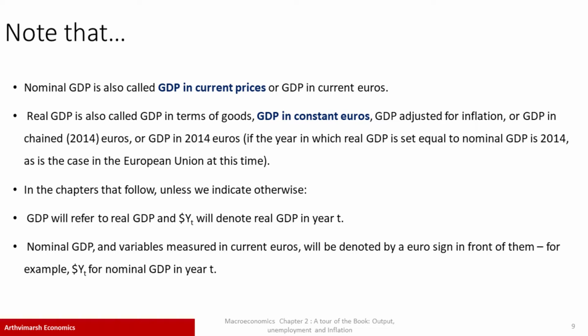Nominal GDP and variables measured in current prices will be denoted by a currency-specific sign in front of them, for example, euro sign or dollar sign. For example, $Y_t or £Y_t, for nominal GDP in that year for a particular country.